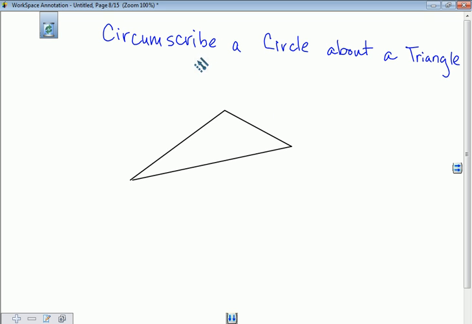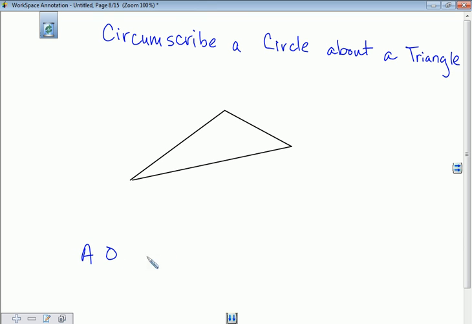So if we are circumscribing a circle, this should make you think about a name for a triangle center. Circumcenter. So what we have to do is construct the circumcenter. All right. Who remembers the mnemonic?